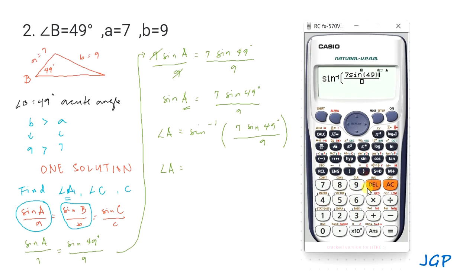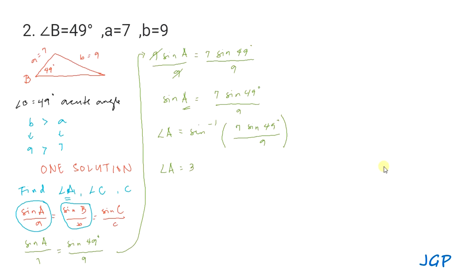Close that para hindi mag-math error. And then 9. And then close mo ng whole. And that is equal to 35.94 degrees. Ayan. So, you have now the value of your angle A.